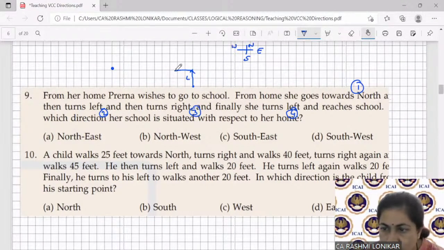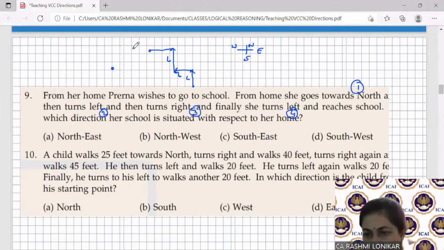Once she's turned left, where is her left? Here it is her left. She turns right. So she moves like this. Now this is her left. And finally she turns left and reaches school. So she's moving here. And this is her school, and this is her home.